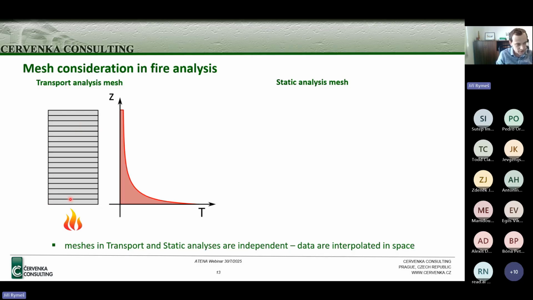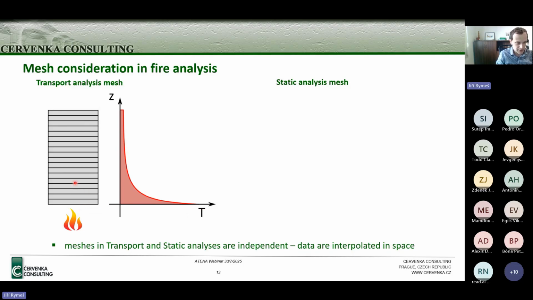I can have a very fine mesh resulting in quite a nonlinear distribution of the temperature through the cross section, because at the beginning we heat this surface.